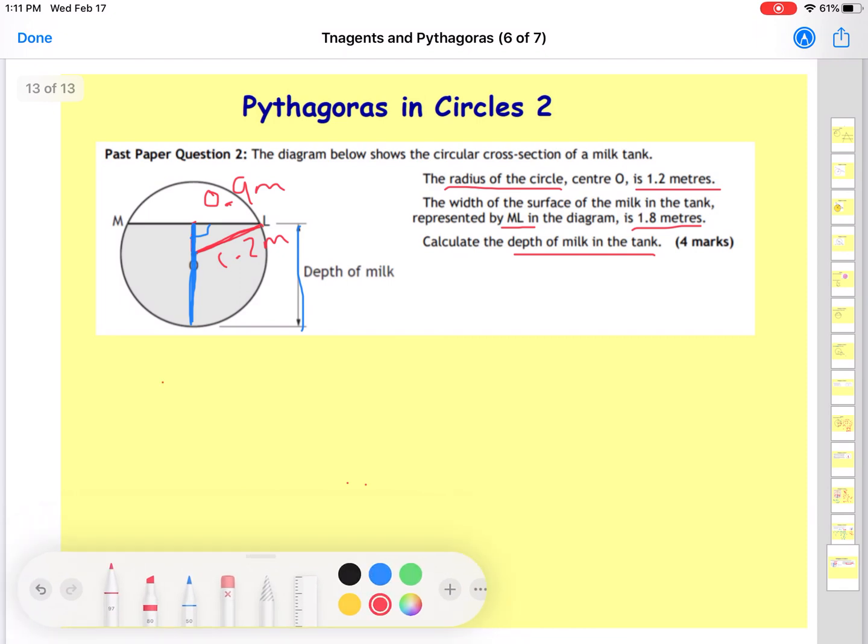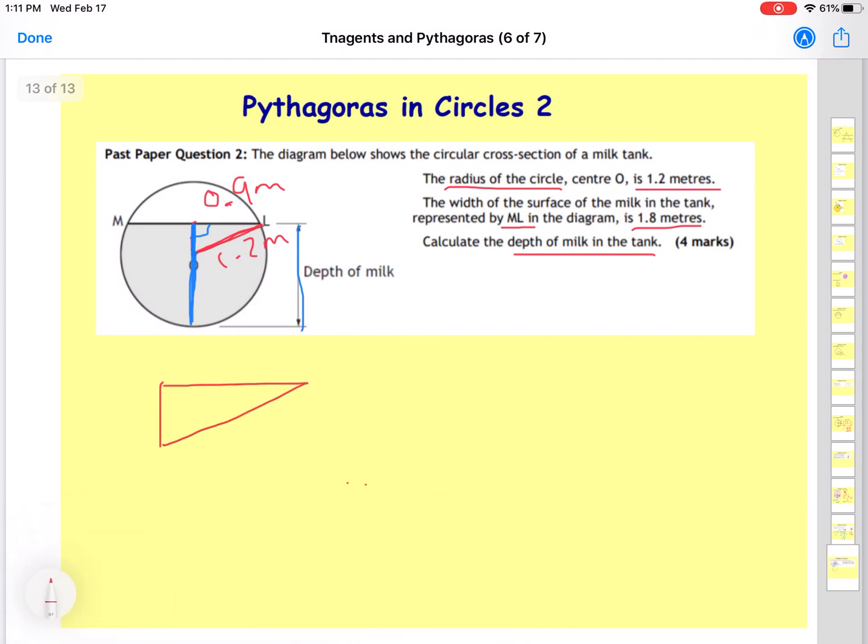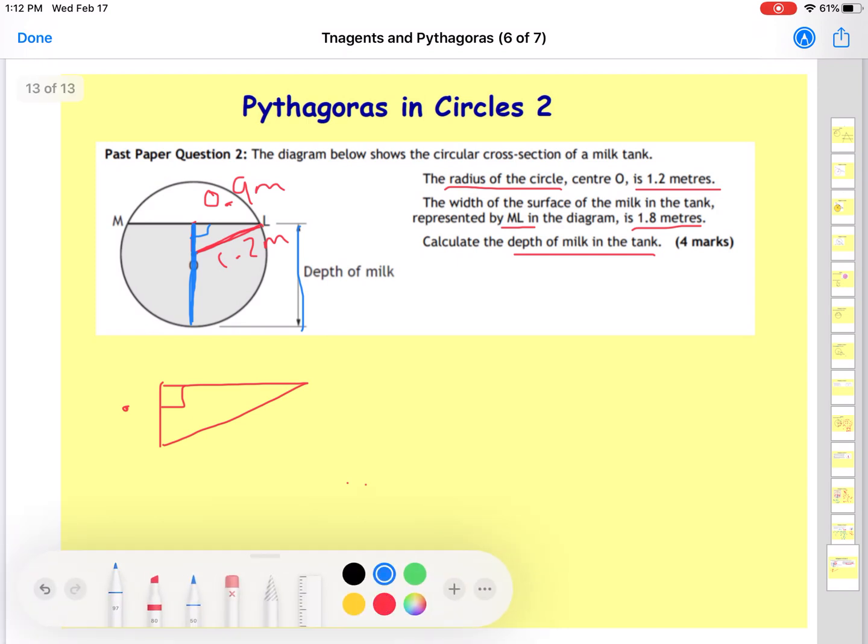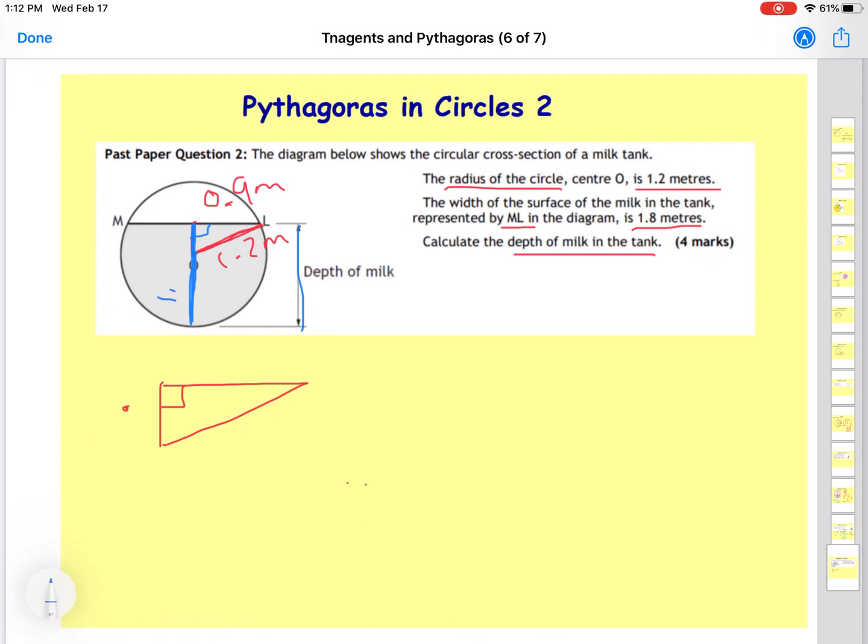Okay, so that will be that line over there with the right angle here. And then I've got to add to that a radius. That's the inside of the circle to the circumference. Therefore, that 1.2 applies also to the line on the bottom.